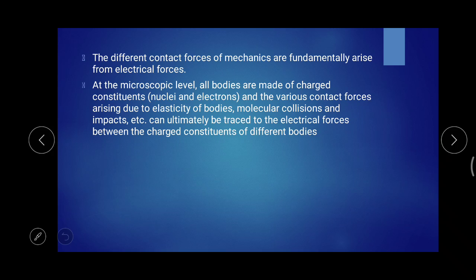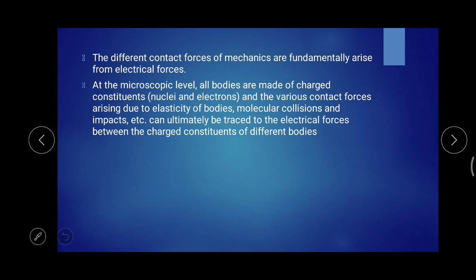So we can characterize the contact forces into many types, but if we come to the nuclear level, all the contact forces arise due to electromagnetic or electrical forces. At a microscopic level, all bodies are made up of charged constituents or charged particles, the nuclei and the electrons.